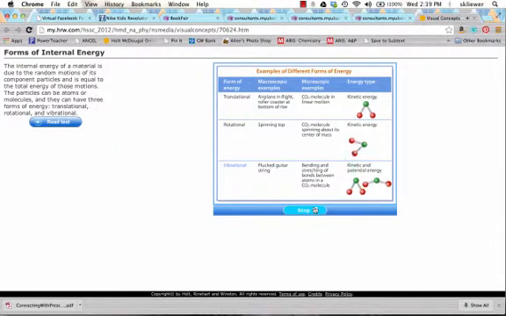Vibrational energy is due to the stretching and bending of bonds between the particles. Interestingly, radiation produced in microwave ovens causes water molecules to rotate rapidly, and this rotational energy is converted into translational, rotational, and vibrational energy in neighboring molecules. As a result, the food in the microwave is heated.